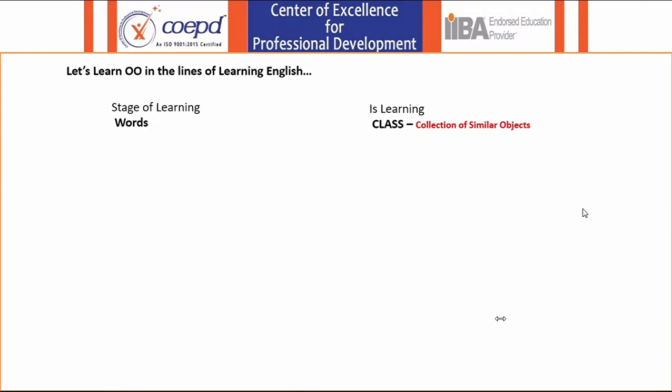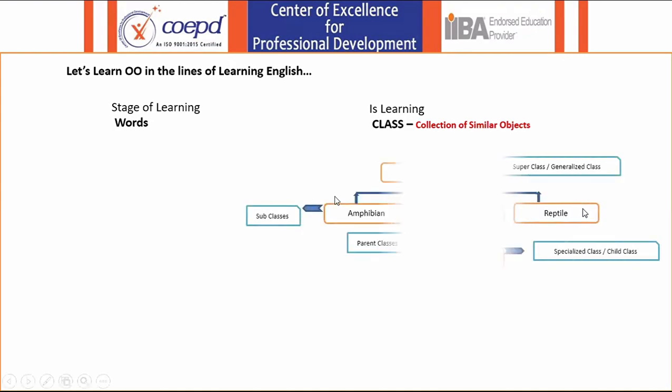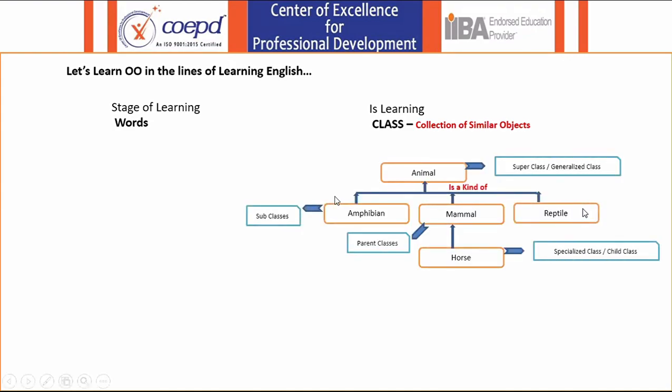So now let us understand this class in general. I'm taking a small example. Just follow my instructions. Animal: amphibian, mammal, reptile. Are all these three animals? Yes. That means amphibian is a kind of animal, mammal is a kind of animal, reptile is a kind of animal.